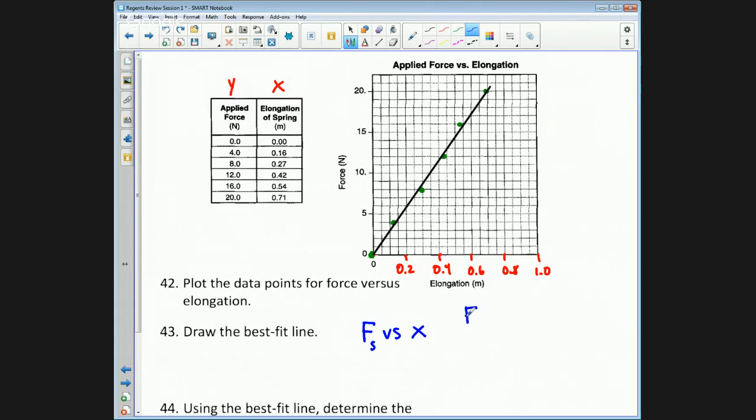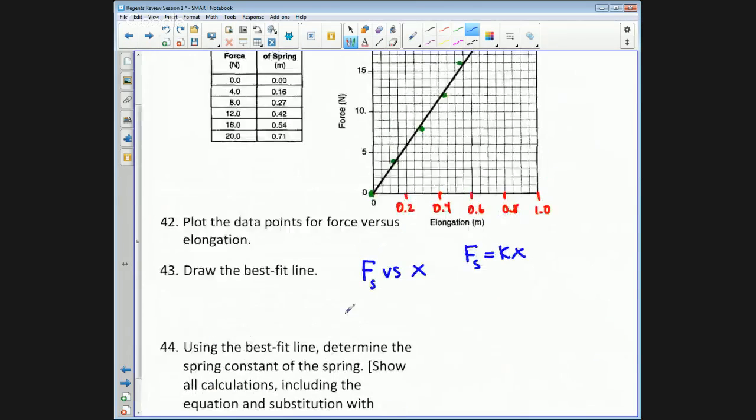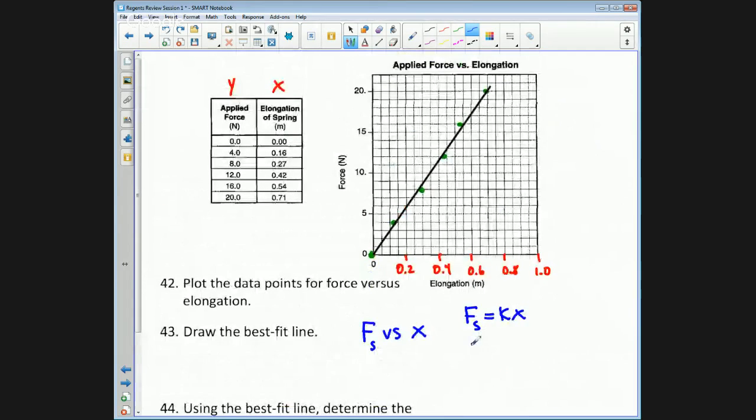The formula in the reference table is the force in a spring equals kx. Number 44 is asking to solve for the spring constant. K is my spring constant. So solving for K gives me force on a spring divided by x, or the force, this is my Fs, versus my elongation, which is x.